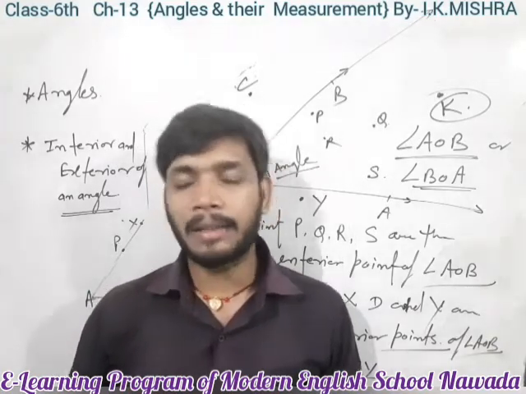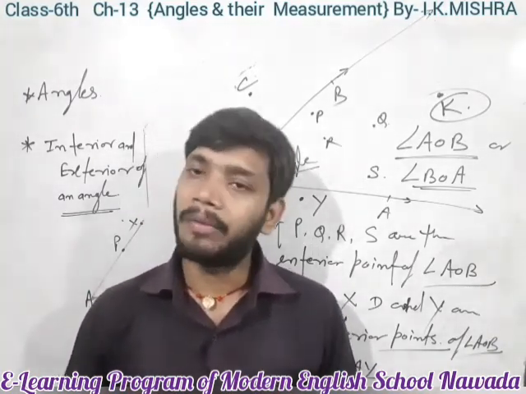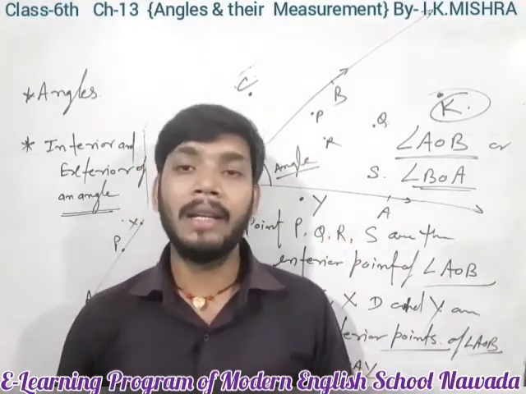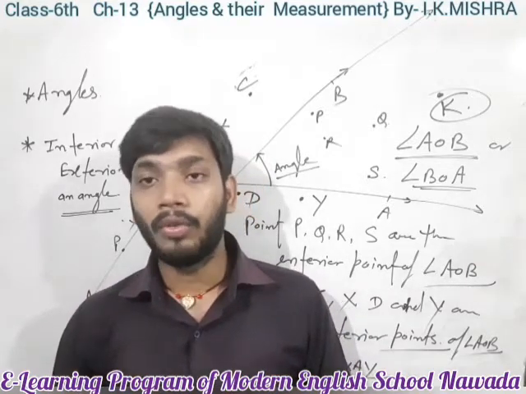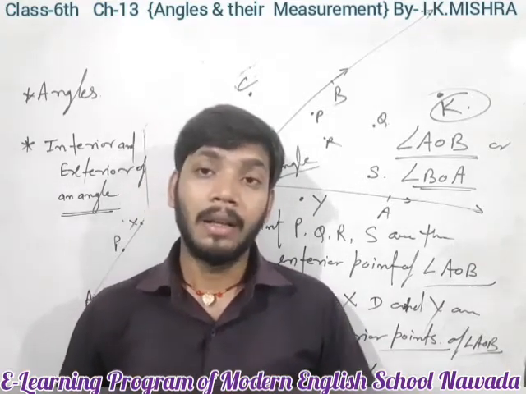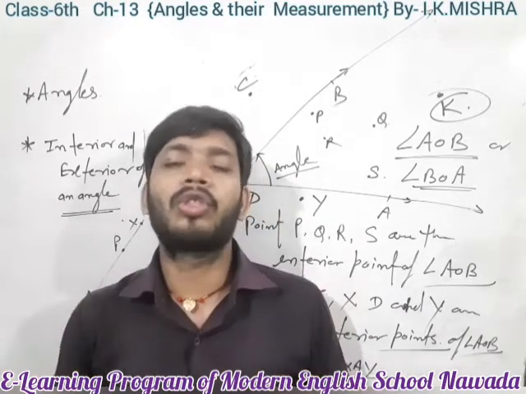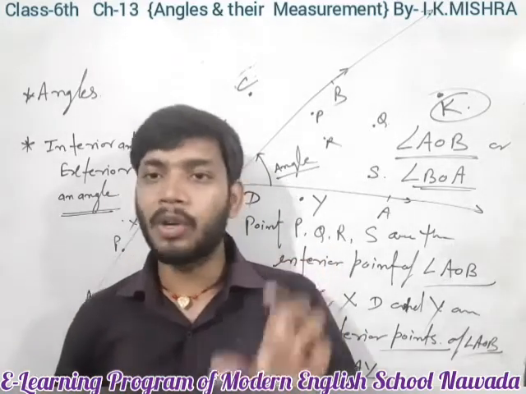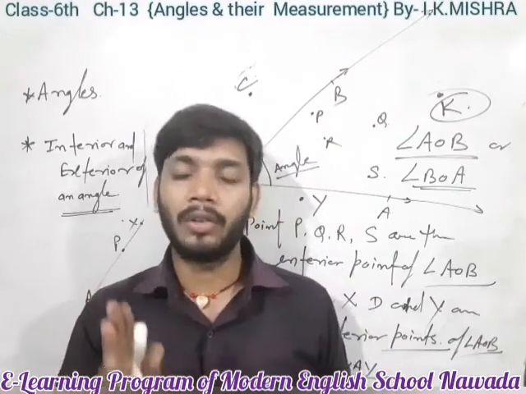I think you will complete your exercise 3A after watching this video lecture completely. Now students, I solve some questions of your exercise, which is based on all of these points. So students, let's now start.